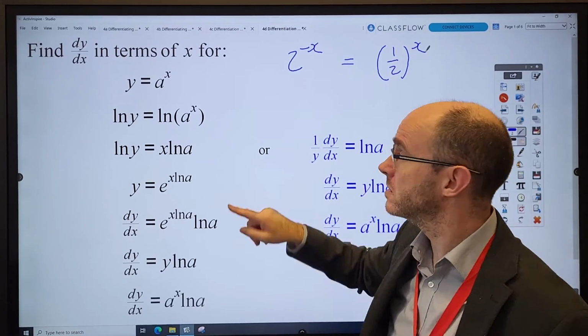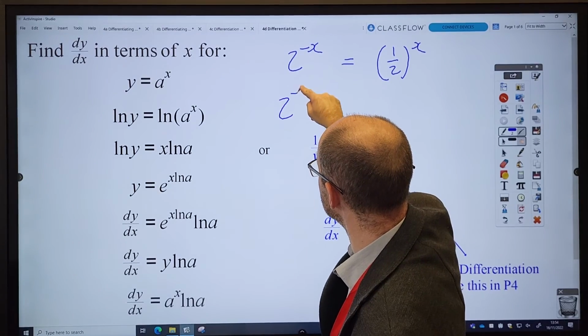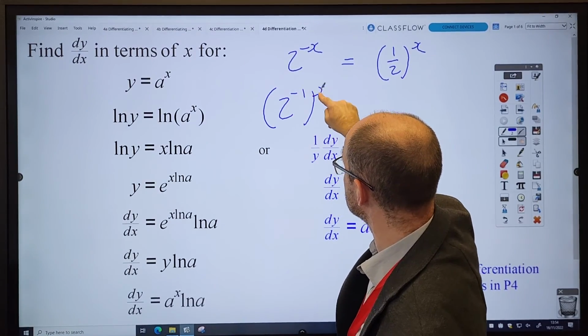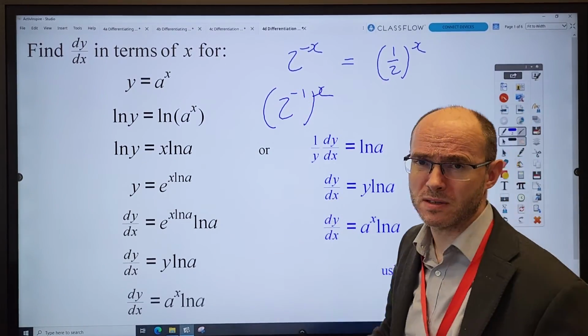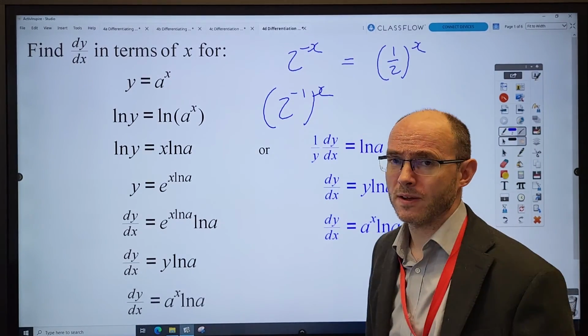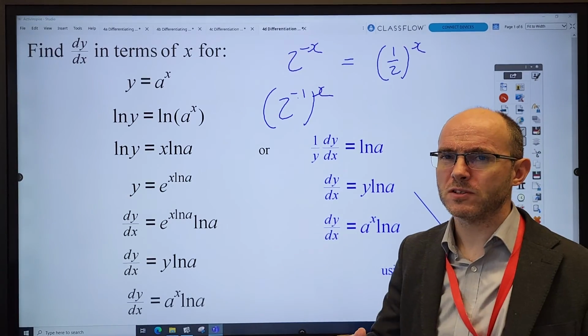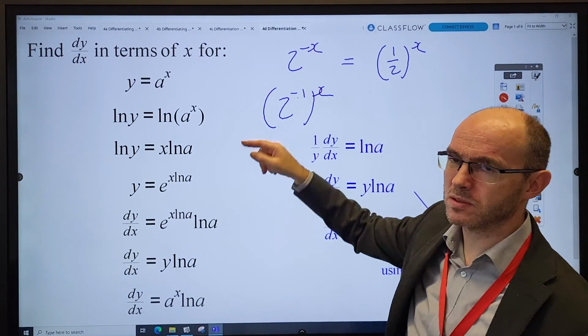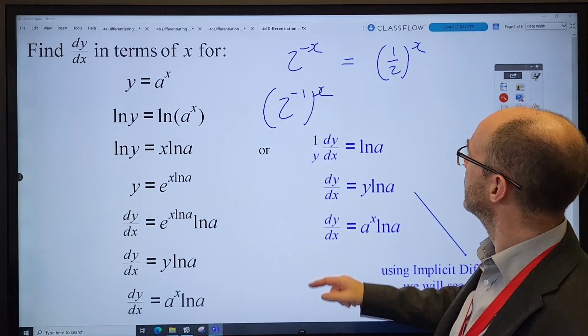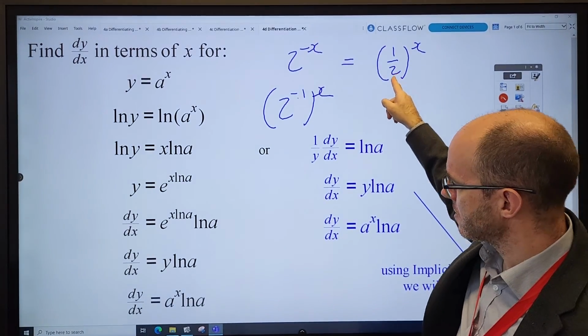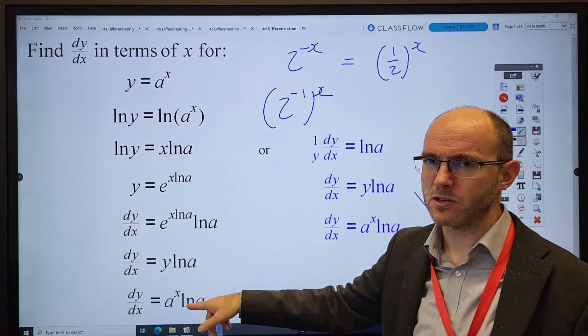And the reason for that is this here you can write as 2 to the power of negative 1, to the power of x. Remember expanding the brackets there with the indices? That's the same as 2 to the negative x. 2 to the negative 1 is the same as 1/2. Just maybe remember that, because negative powers do come up sometimes. And then a is just a half, so your answer would be (1/2) to the x natural log 1/2.